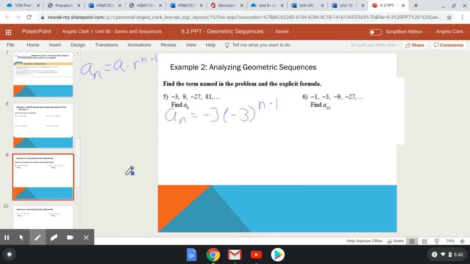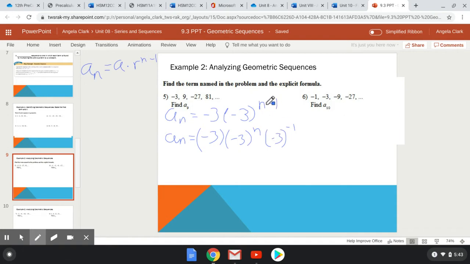So I'm going to show that. This only happens when the multiplier and the first term are the same. Hopefully we remember that we could split this up into these two, right?